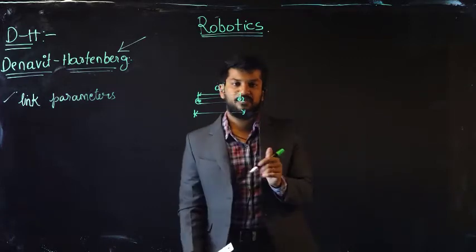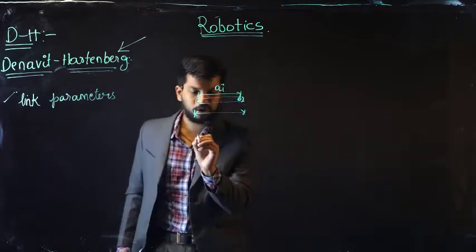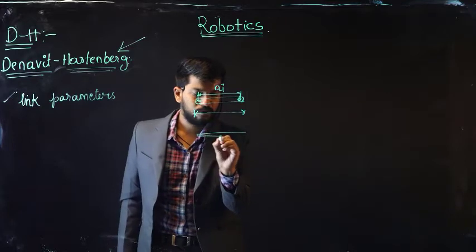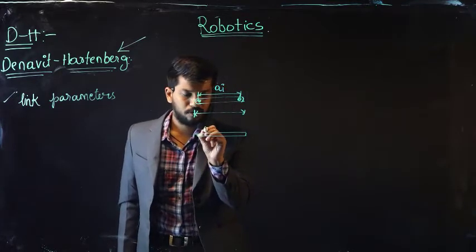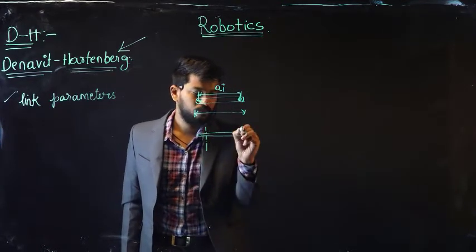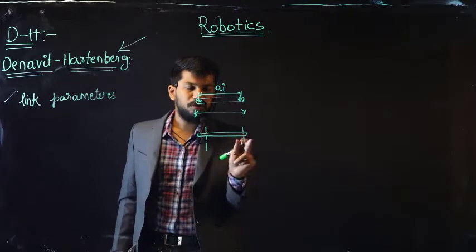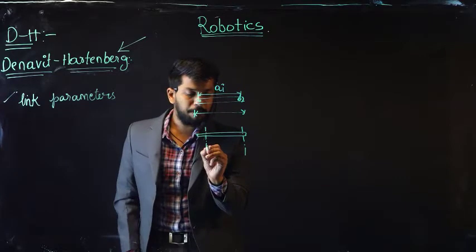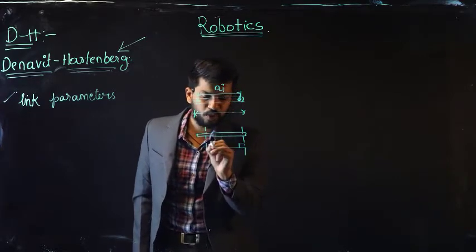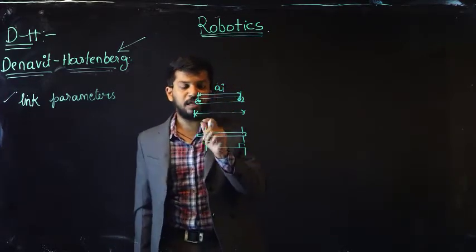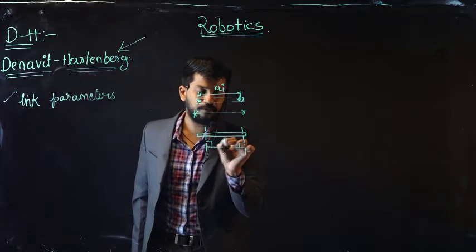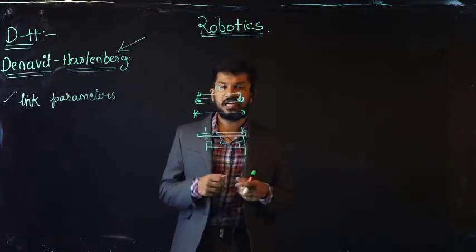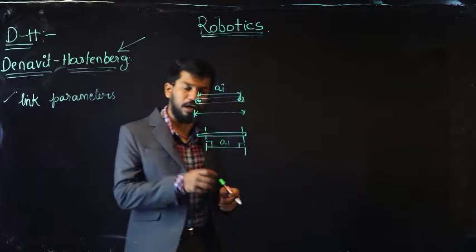For example, this is our front view. If I go to its top view, these are the two axes I have generated. The common perpendicular distance between these two axes gives us the link length, a_i. That's how we measure the link length of any robotic link.